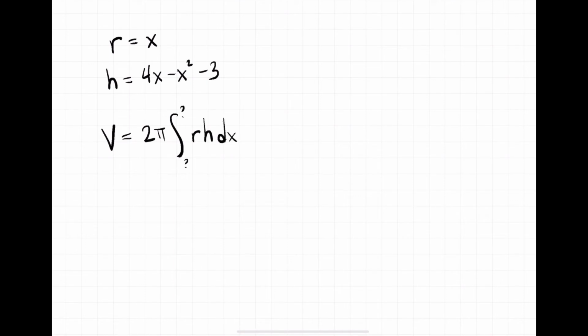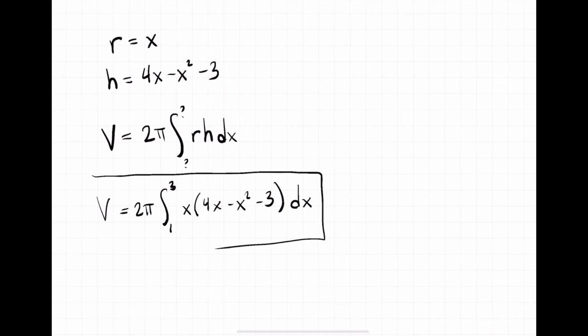We just need to fill in these details. This is going to be 2 pi times the integral of x, which is the radius, times the height, which is 4x minus x squared minus 3, times dx. What are the bounds? We already determined when we drew our graph that the bounds on x are from 1 to 3. So this is the volume of our cylinder.